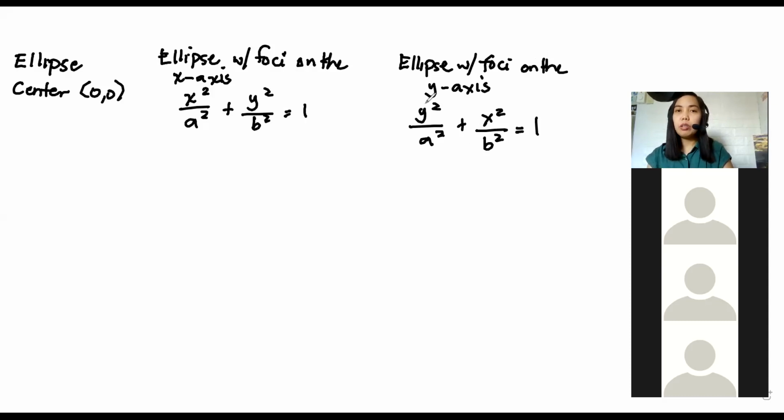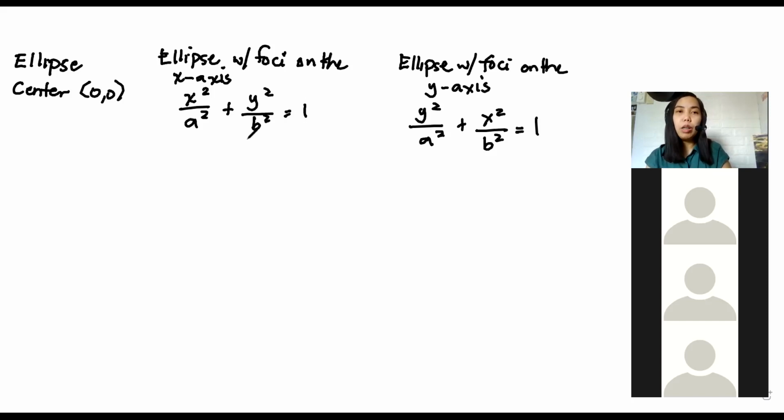Here the major axis, or the foci and the vertices, are on the y-axis, kasi ang denominator ni y ay a squared. Kung nasan si a, nandun ang vertices. The b is for the minor axis. So dito meron tayong major axis and minor axis.